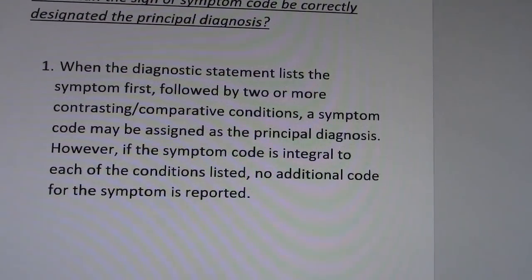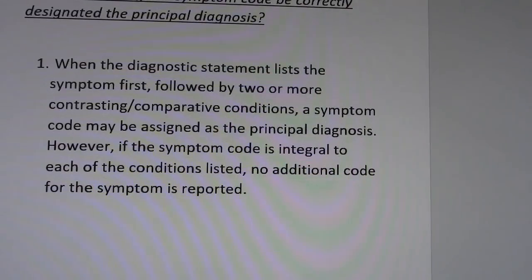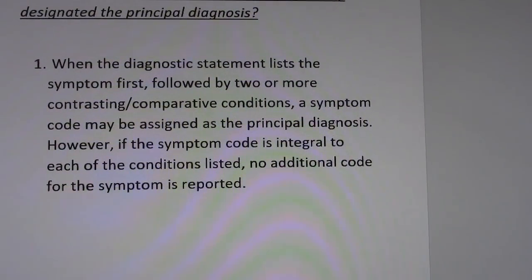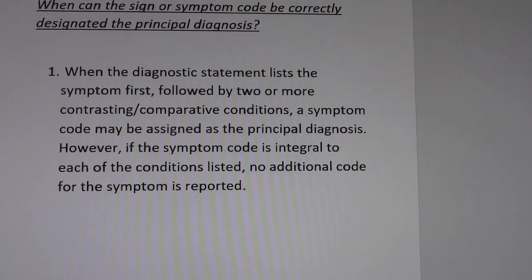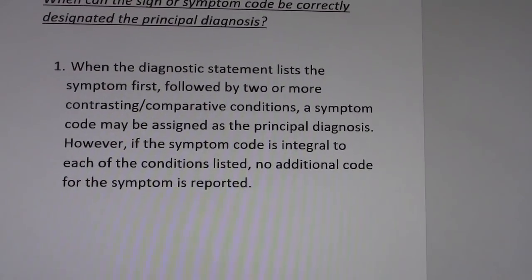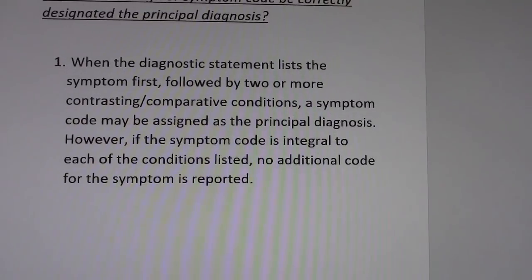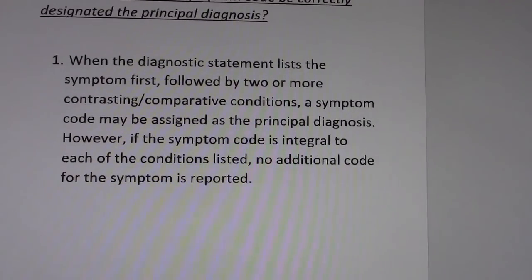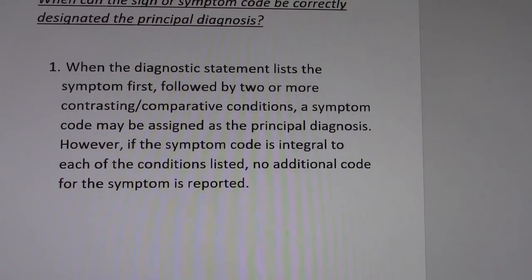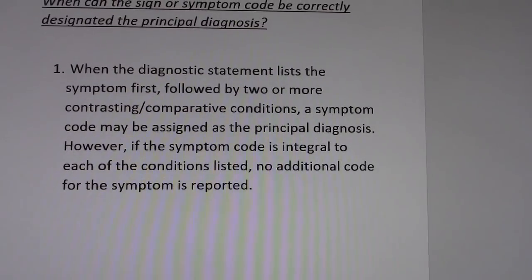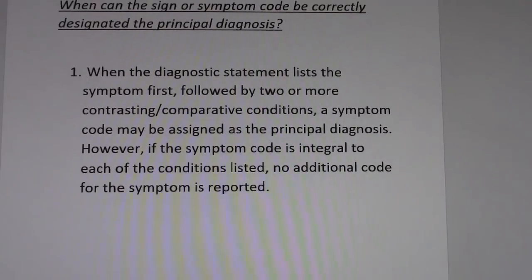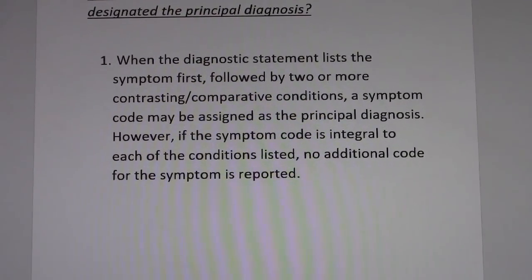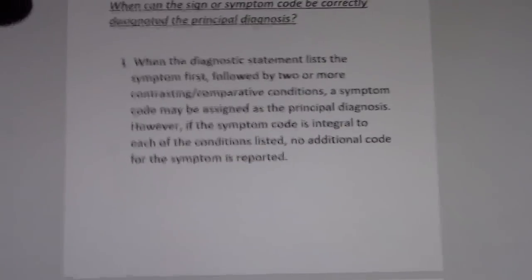However, if the symptom code is integral to each of the conditions listed, no additional code for the symptom is reported, because remember, you're already covering it in those 2 or more contrasting comparative conditions. So you've already captured that symptom code. So long as you code those other 2, you don't need to code the symptom code. Okay? Let's move on.